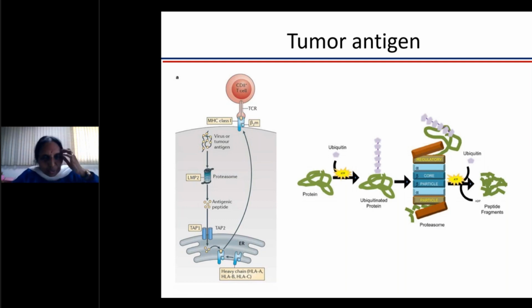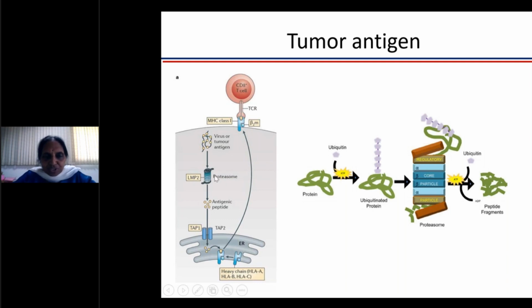So these proteasome proteins make a barrel. They have multiple different types of proteasome protein which form the core particle, and on top you have the regulation of which protein will enter. Only the protein which has ubiquitin on it can enter the proteasome, and all the enzymes which will chop up this protein are inside this barrel.